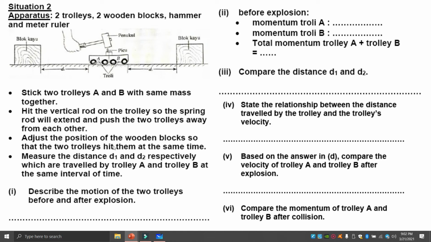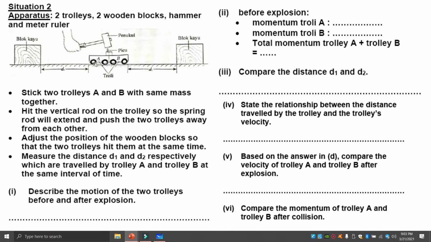So you have to adjust the position of the wooden block, so the trolleys will hit the wooden block at the same time. Okay, so you have to adjust that, and then measure the distances D1 and D2.